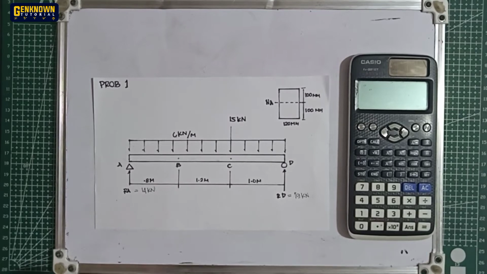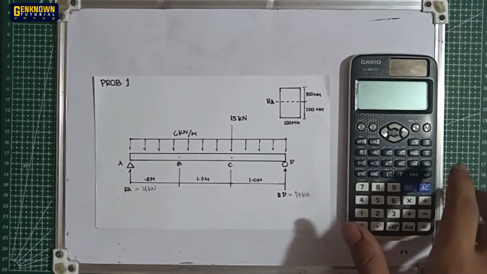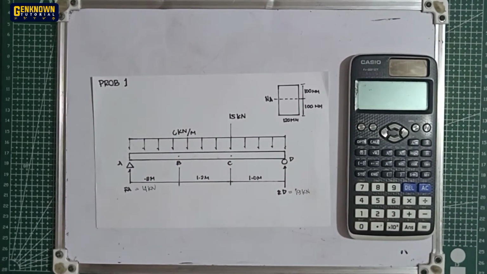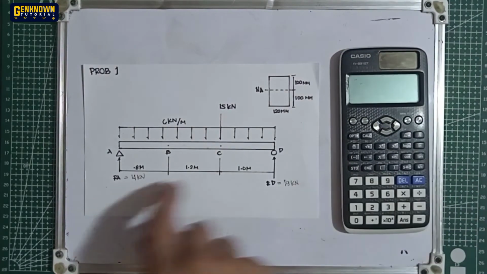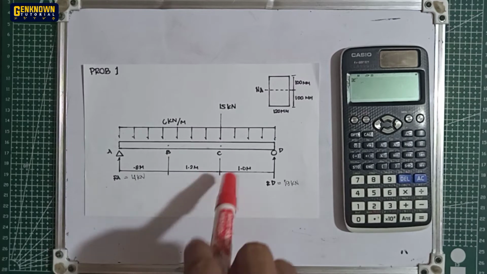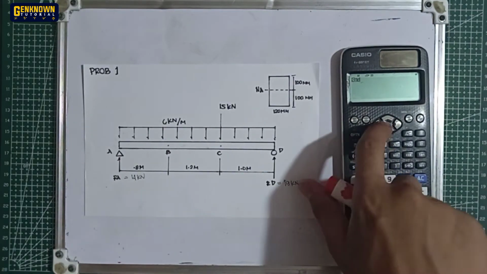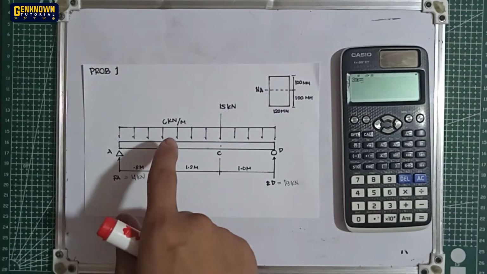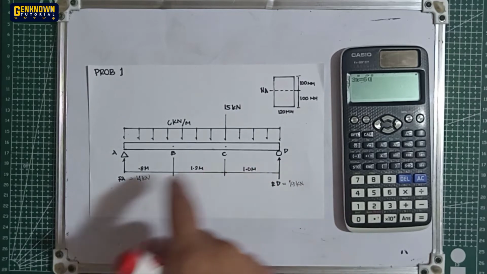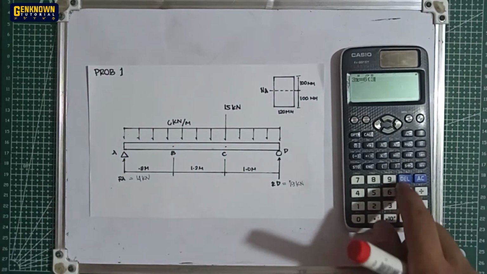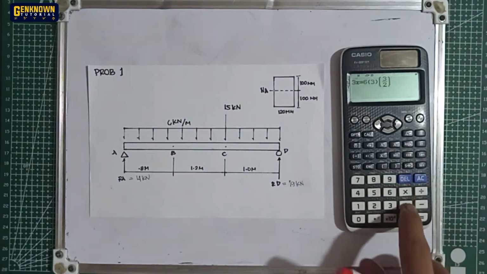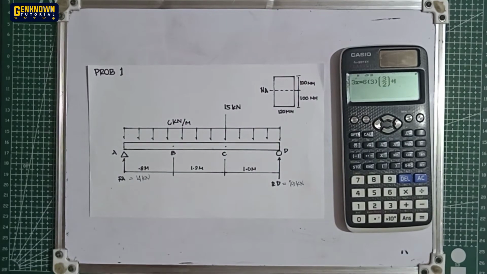Okay, if you are wondering kung paano nakuha itong 14 kN at 19 kN, gagamit lang tayo ng summation of moment is equal to 0. Let's say summation of D muna tayo. Summation of moment D is equal to 0. So we have RA, let's say that is X, multiplied by 0.8 plus 1.2 plus 1 is 3, is equal to, we have UDL na 6 kN per meter. 6 multiplied by the total length na nako-cover nitong UDL natin, we have 3, multiplied by 1 over 2, I mean 3 over 2 or 1.5, plus the concentrated load na 15 kN.